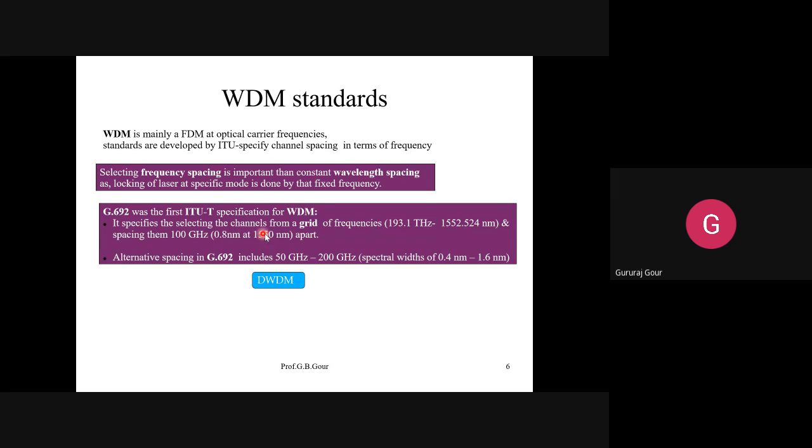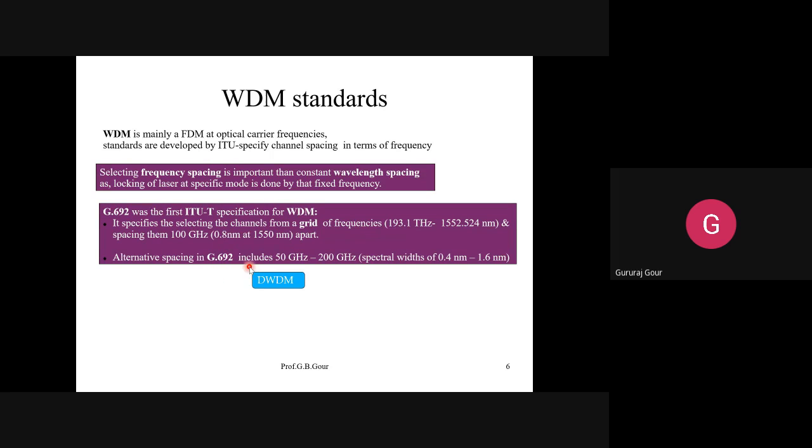It specifies selecting the channels for the group of frequencies. Grid means a group of frequencies which are ranging in this range of wavelength, spacing them. So if you are getting any frequencies in this range, ITU-T is recommending you to space them with this guard band of 100 gigahertz. Then you can multiplex and transmit like that.